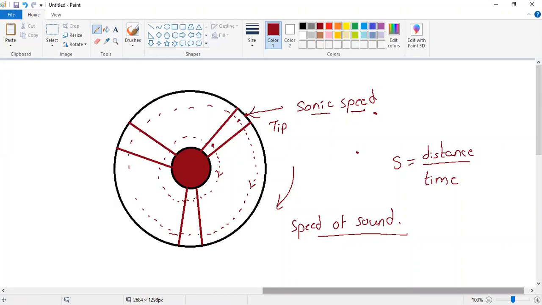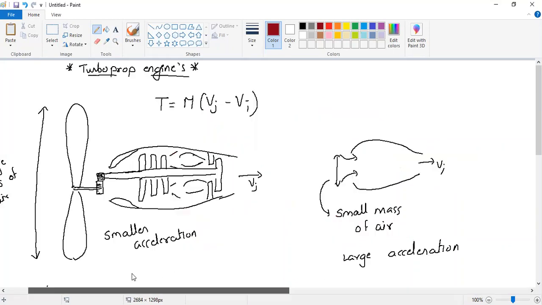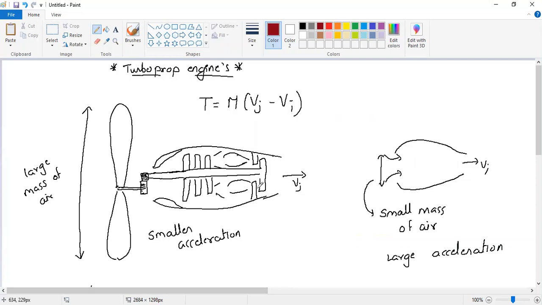But if we reduce the speed, our compressor will also not rotate, right? So I want the compressor to rotate at a larger speed, but I want the propeller to rotate at a smaller speed, at a lower RPM. So to make it a lower RPM, you require this gear mechanism.